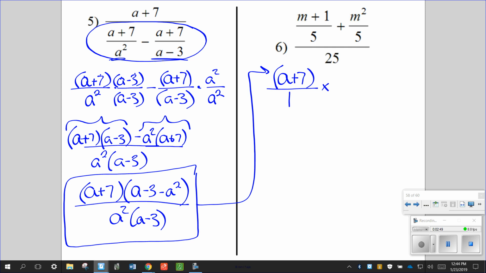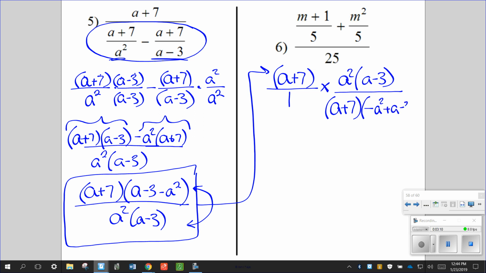So if we want to multiply, that means we have to do the reciprocal. We need to put the denominator in the numerator. So a squared times a minus 3 over a plus 7 times negative a squared plus a minus 3. And now you can see the benefit of factoring out the a plus 7 rather than multiplying it out.